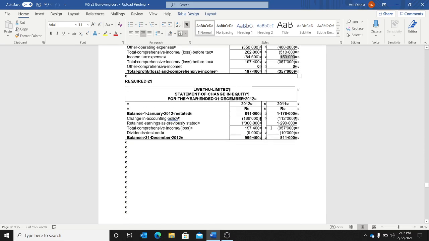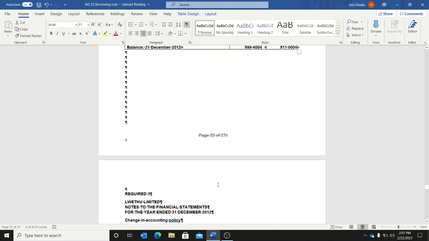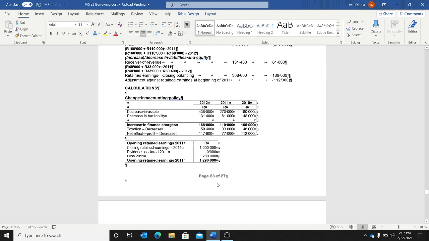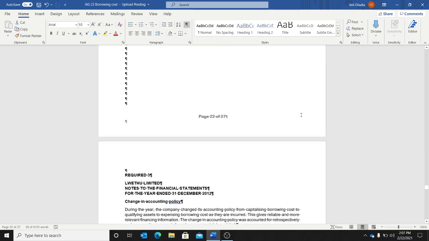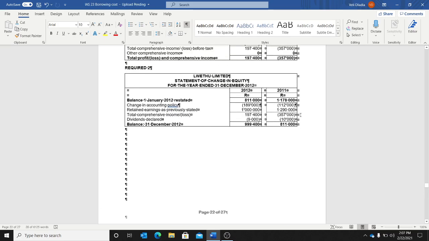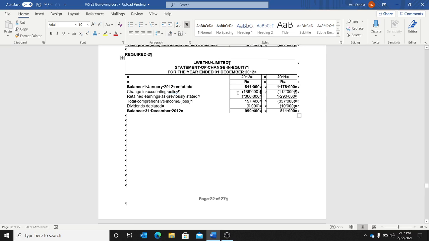Now, I did show you in the other example that you must firstly calculate these two figures here. You must calculate them first, and the calculation is this one here, to get to those figures there. Now, how then do you put this restatement, this one and this one?